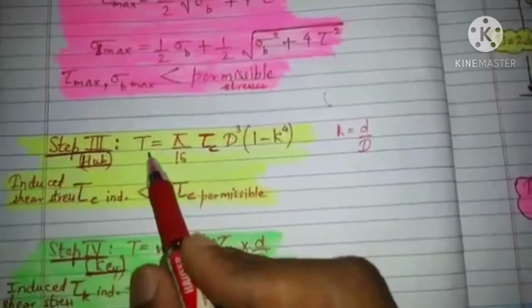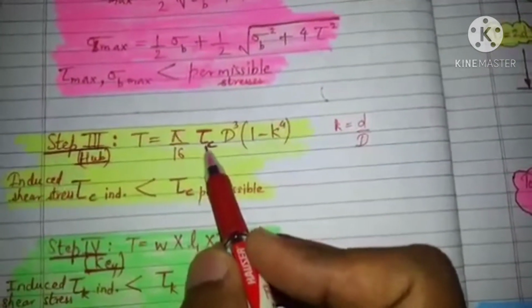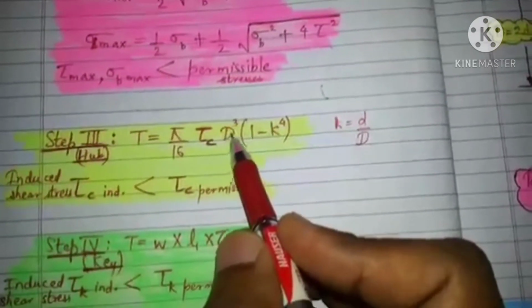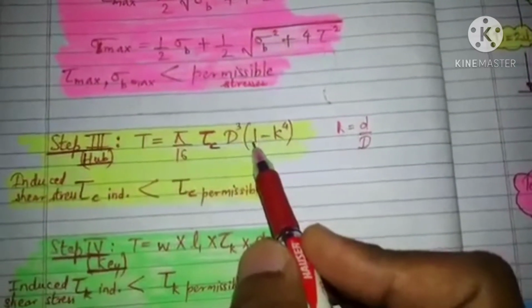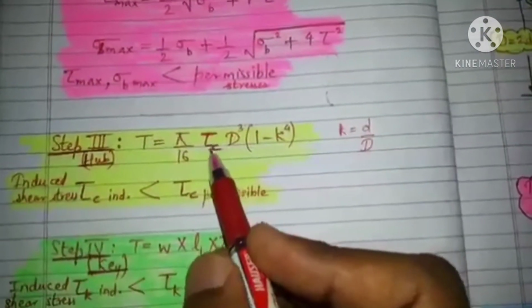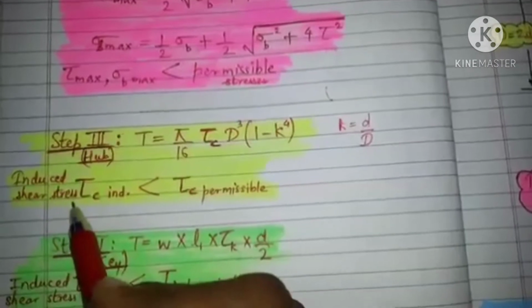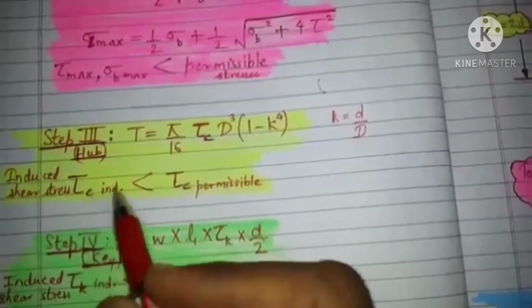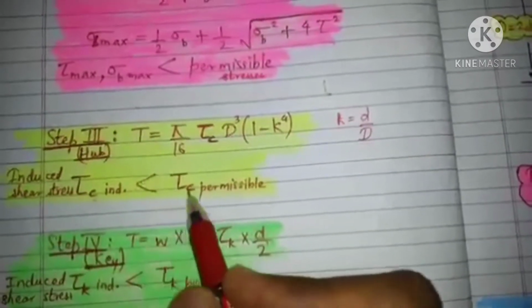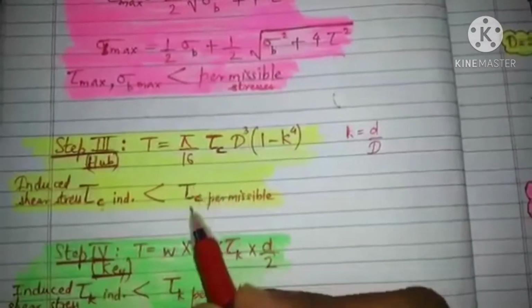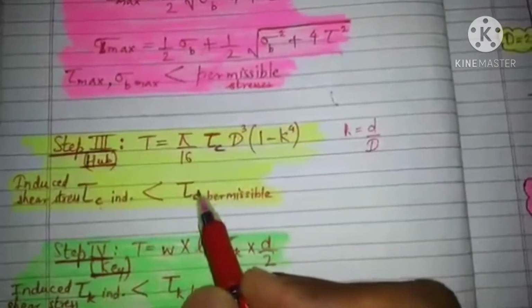We need to find the induced shear stress in the hub, and it should be less than the permissible shear stress for cast iron.